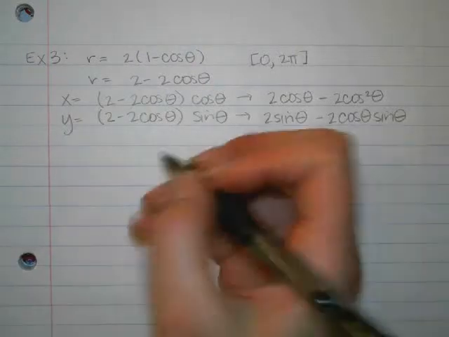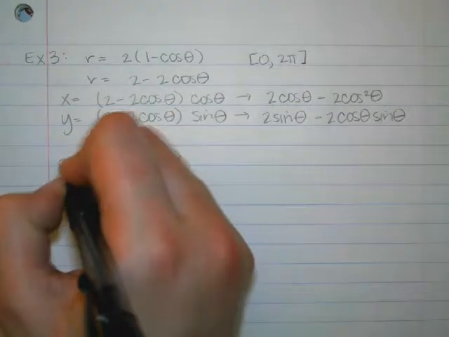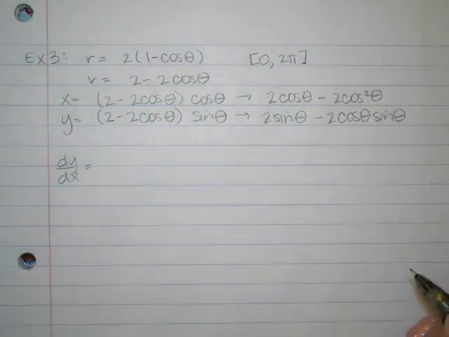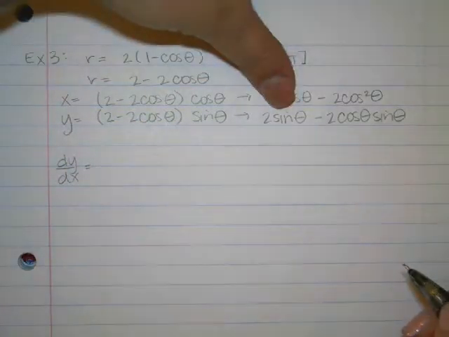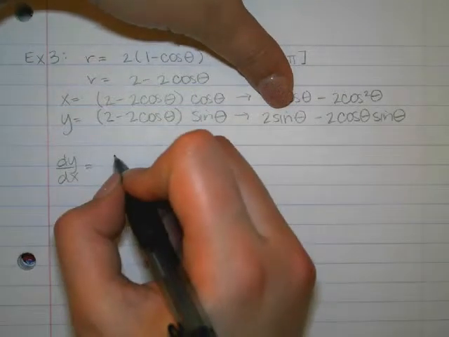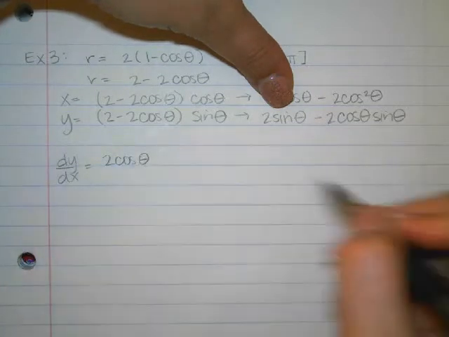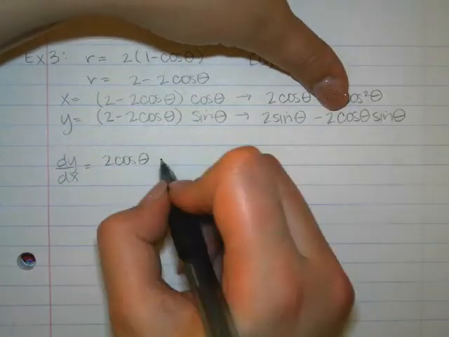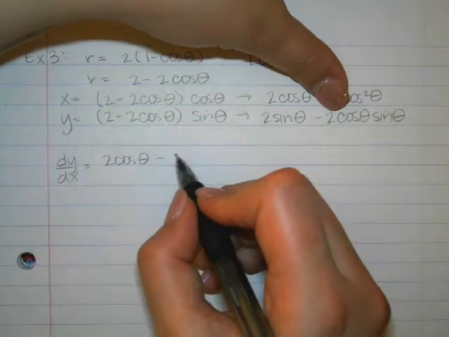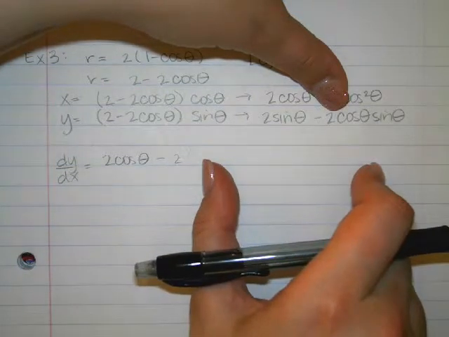All right, and then we're going to go ahead and do dy dx. So the derivative of y would be what? Two cos theta minus. Do you guys like to leave the 2 and then do parentheses and do the product rule, or do you use the 2 as part of the product rule when you do it?